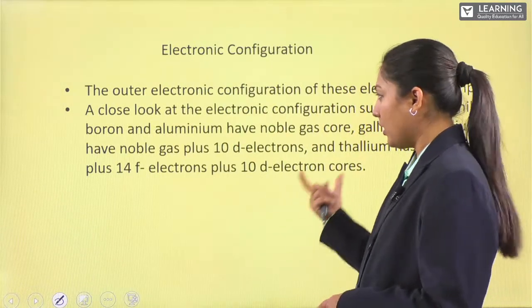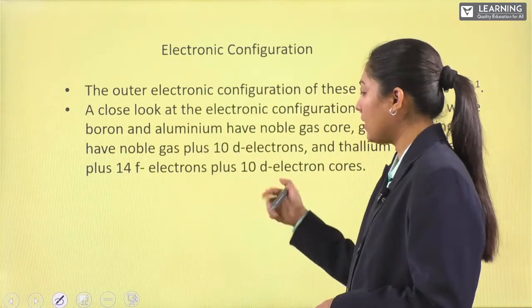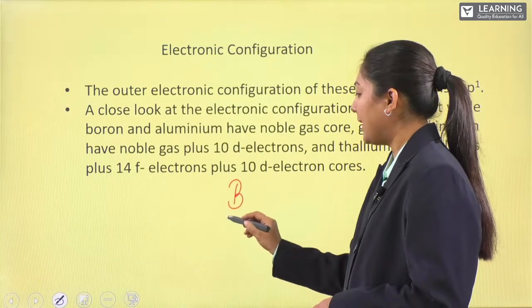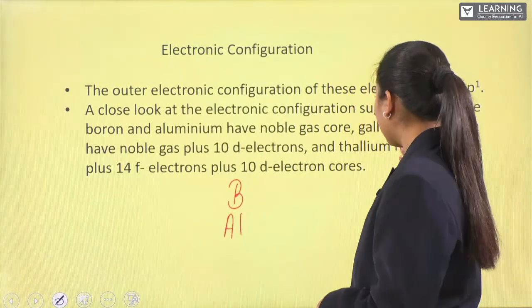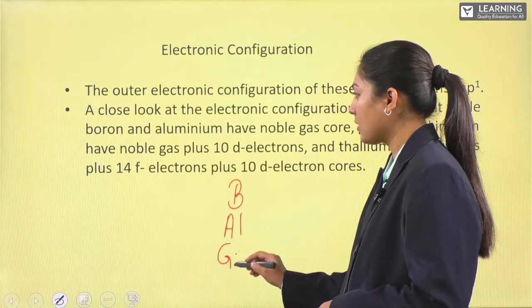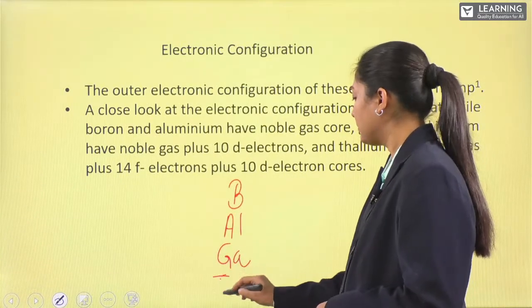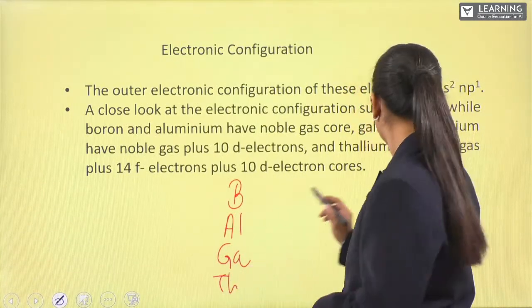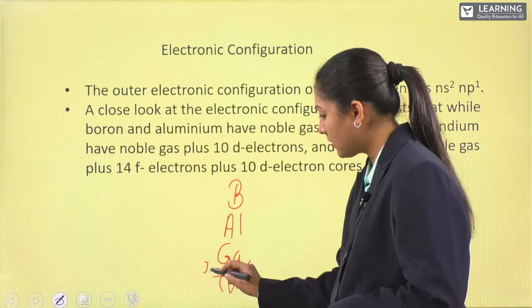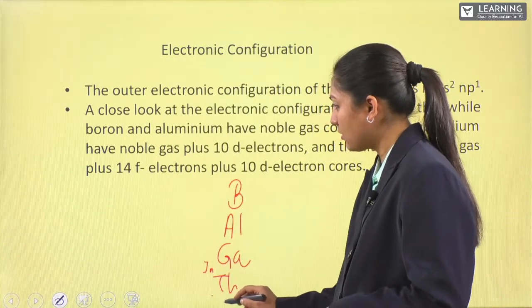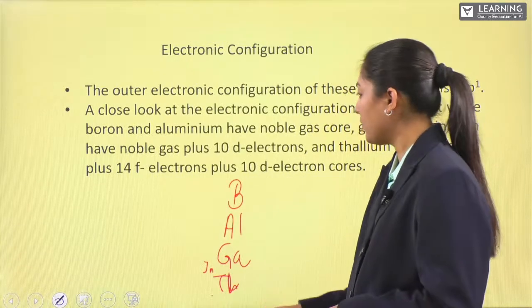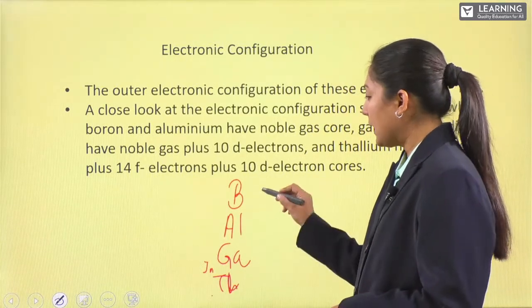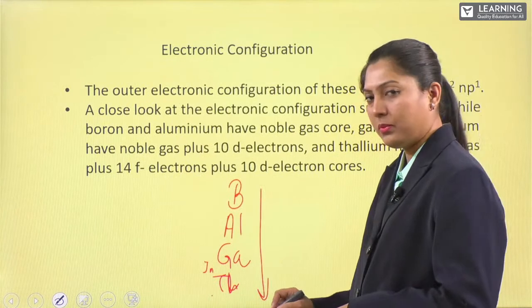Don't get confused. What they are about to say is that when you come to boron, aluminium, and next gallium, indium, and then thallium, if you see all these, when we go down the group, what happens?